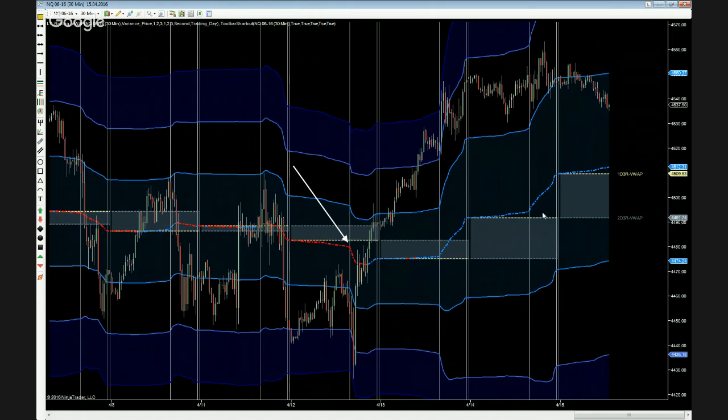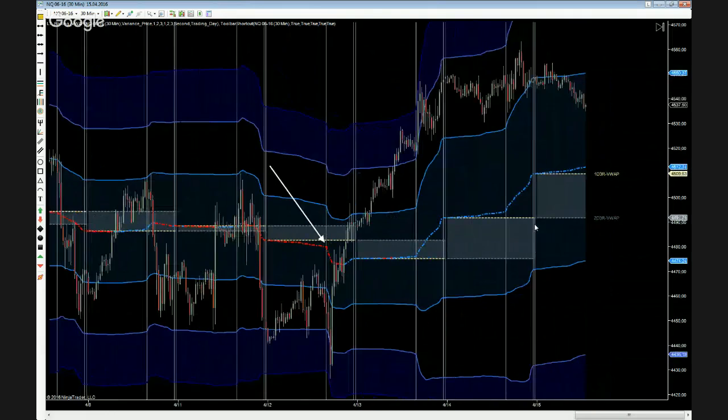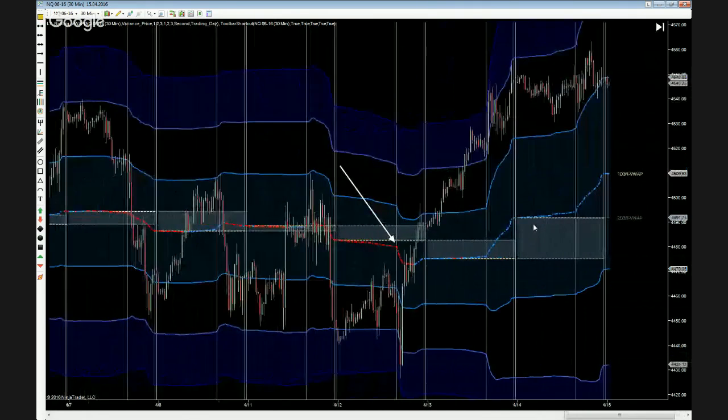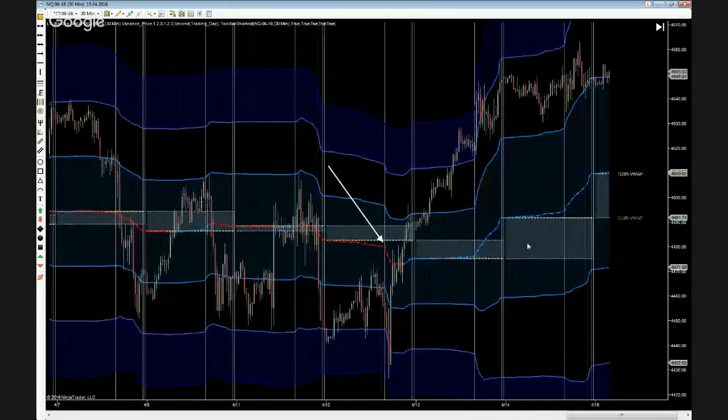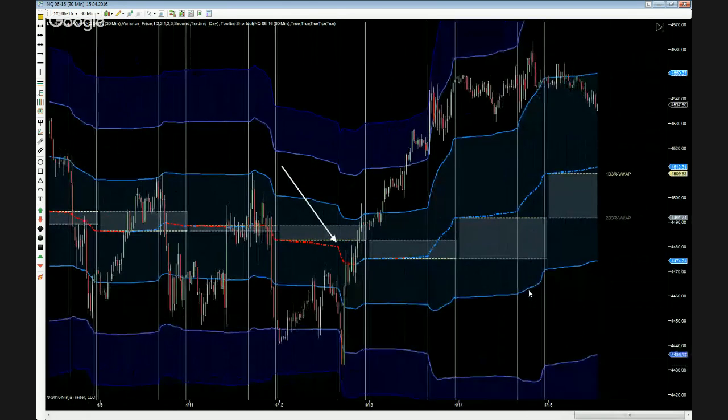So this is a good way of figuring out what the value is, and if the momentum is increasing or decreasing. Up until here, we had the 1 day average closing below the 2 day, and then we see this changing here, and we have an up momentum that's slightly increasing as well. So it'll be interesting to see where the market goes from here.